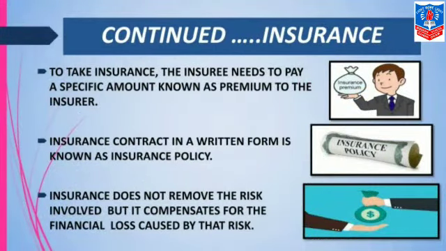To take insurance, the insuree needs to pay a specific amount known as premium to the insurer. The insurer then undertakes to provide a guarantee of compensation for financial loss that the insuree might face. Insurance contract in a written form is known as insurance policy.